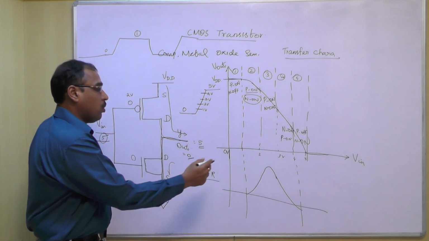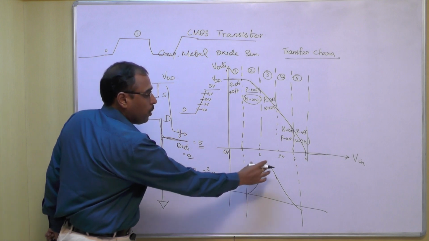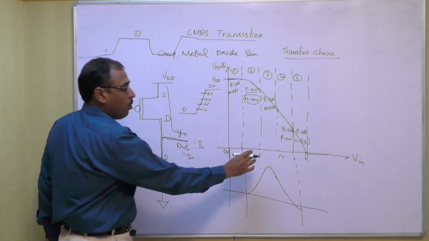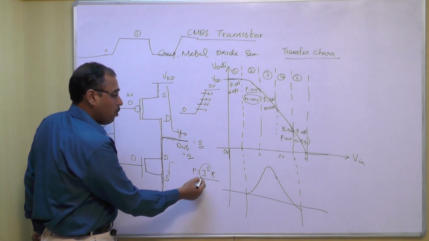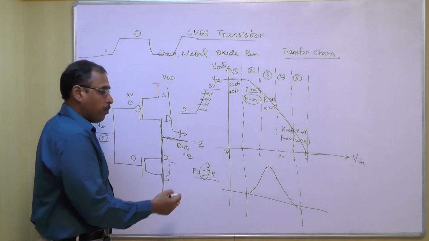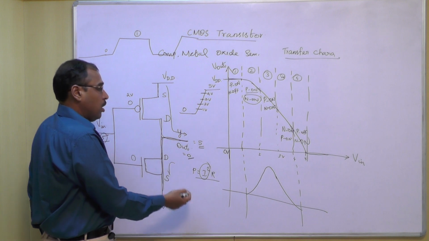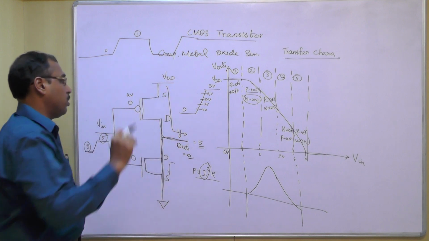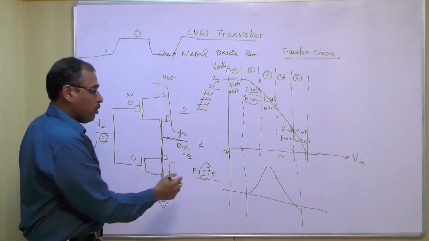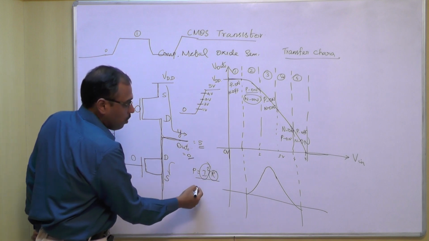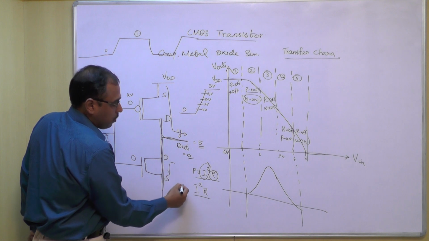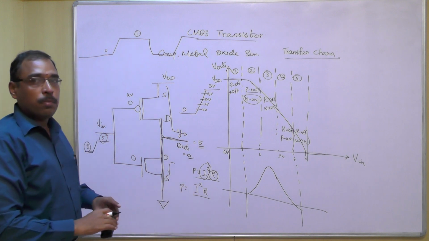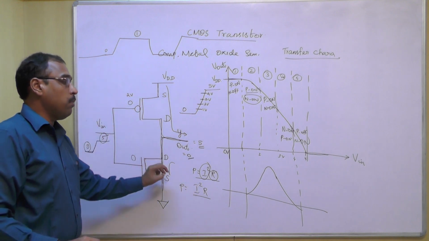So the short circuit current is very minimum because it flows only for a very short period. Then this I will always be a negligible amount. The resistance of this path between VDD and ground is R. Multiplying this I squared into R, you get the power dissipation. So this power dissipation will always be very minimum.